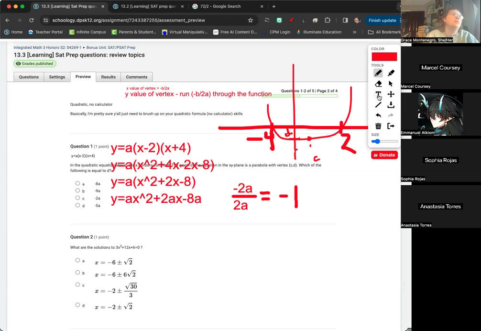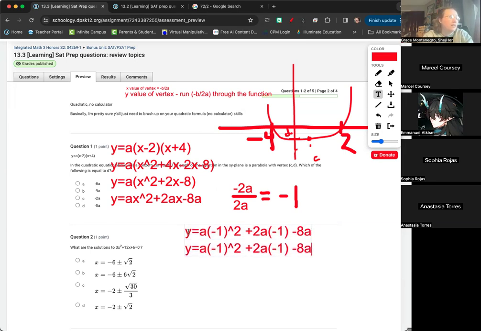What we do now is we put negative 1 through this function for x. Y equals a. So when you're putting a number through a function, I sometimes will rewrite it with parentheses instead of x, and then go back and fill the parentheses with the number. So everywhere there was an x, I put parentheses. And then I fill those parentheses with negative 1. Now we simplify this. Negative 1 squared is positive 1.